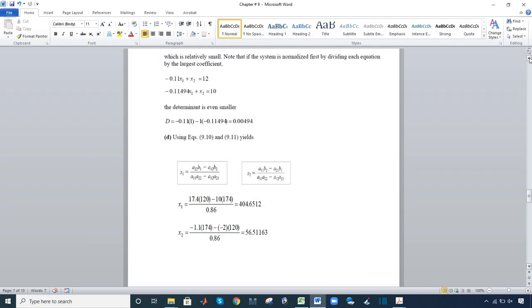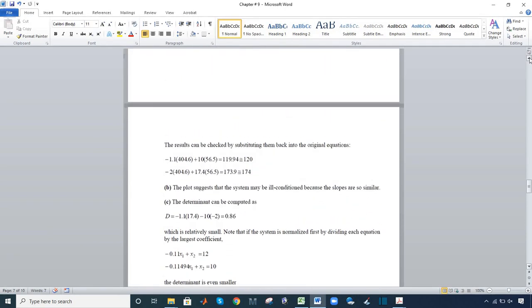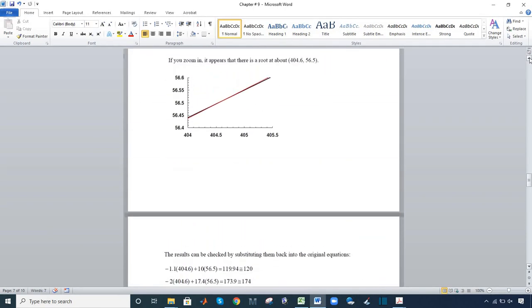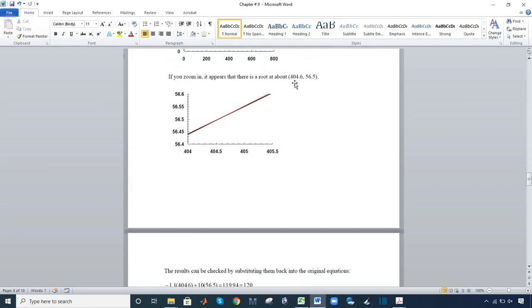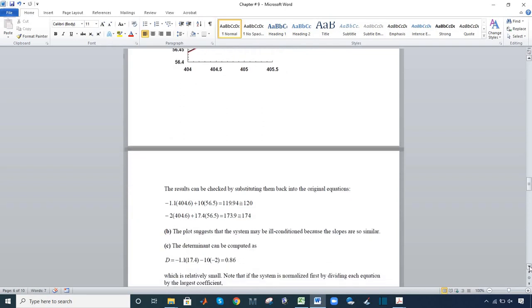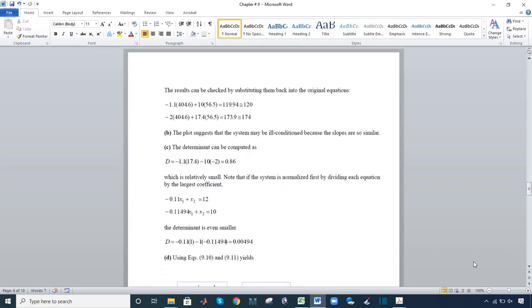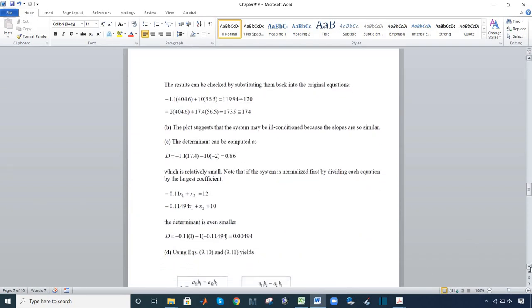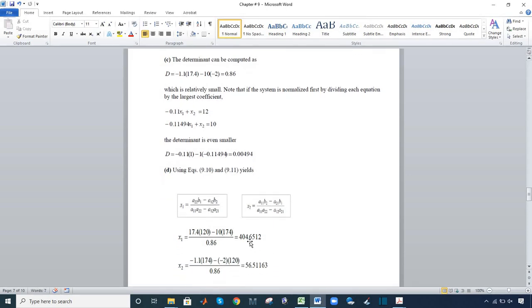With graphical method, you found x1 404.6, and here is also almost same 404.6, and also x2 is equal to 56. It is also almost same by both methods, by elimination of unknowns and graphical method.